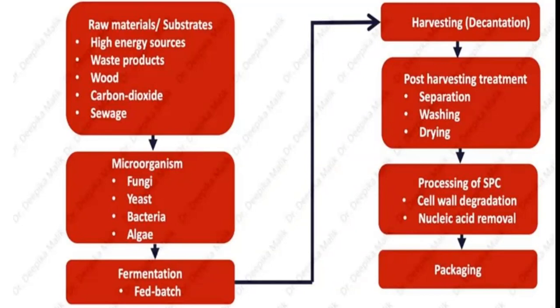After the fermentation is completed, the next step is harvesting, which involves decantation. The next step includes the post-harvesting treatment, which includes separation, washing, and drying. The next step is the processing of SCP, which includes cell wall degradation and nucleic acid removal. Finally, after all these steps, SCP is ready for packaging and selling.